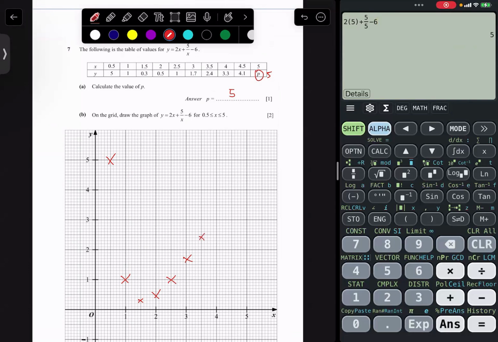Okay. 4 and 3.3. 5 and 5. Okay. So the graph has a steep drop, right? Okay. Steep drop comes to here, turns, and then starts to go up.